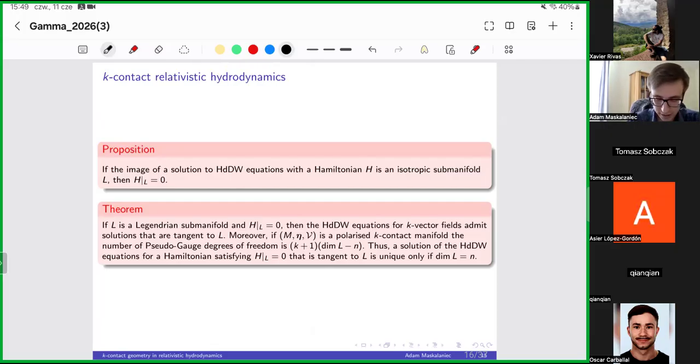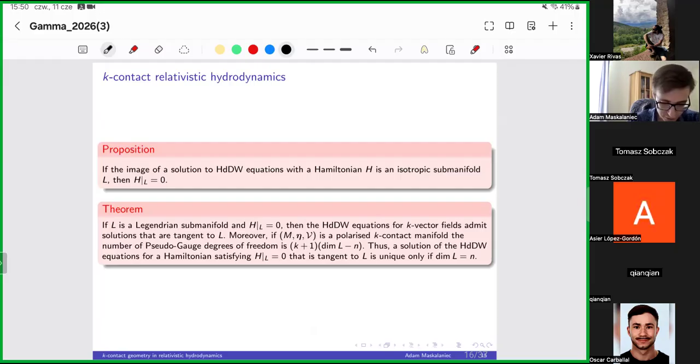So now we would like to pose a question. Suppose we have a Hamiltonian H and a set of equilibrium states given by a Legendrian submanifold. So how many degrees of freedom are still available, assuming that we would like to fix a condition that our solutions must be tangent to that Legendrian submanifold?